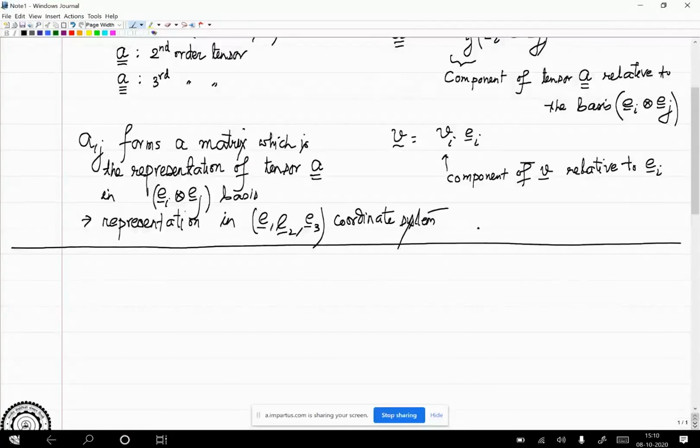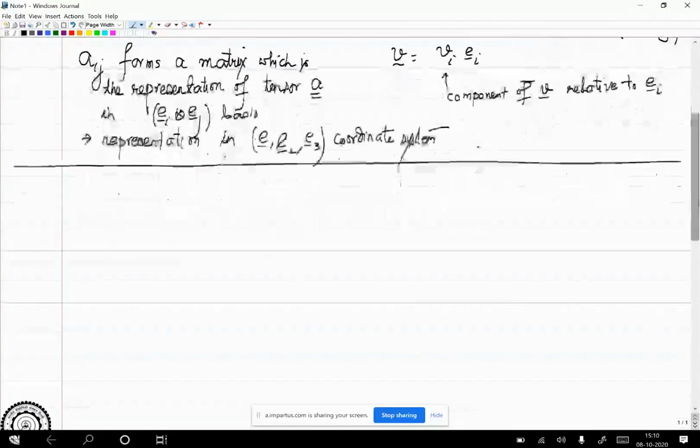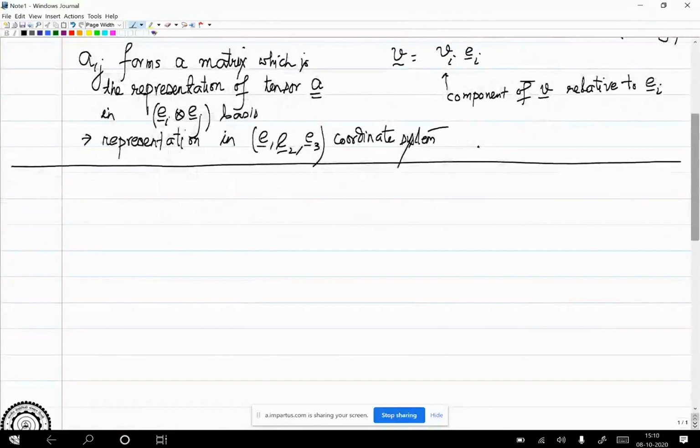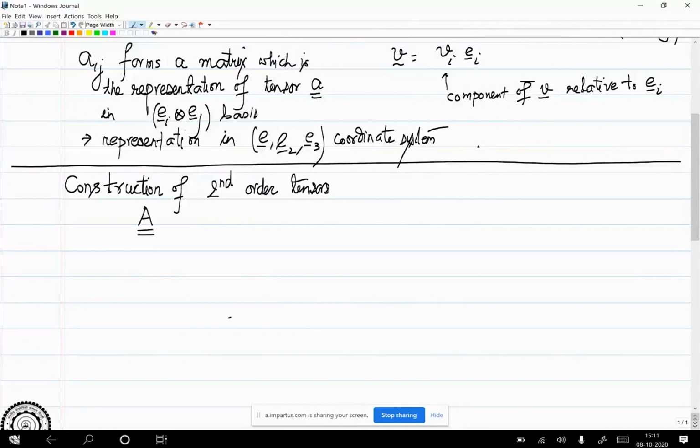Now, how can we construct second order tensors? Suppose that we have this tensor A, and we know how it acts on three vectors.